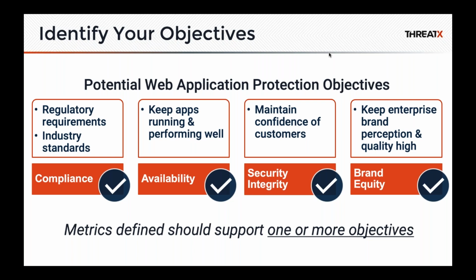It could be related to availability, to ensure that the applications are available at the level you need, and are also responsive for your users. Your top objective could be related to security integrity, ensuring that PII data or other sensitive data is being protected well in your infrastructure.